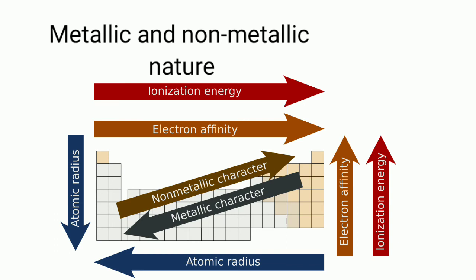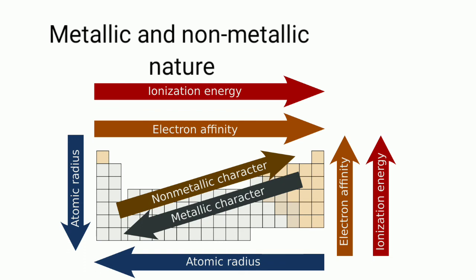So if there is less force of attraction, then we can easily remove an electron from its outermost shell. So metals have good tendency to lose electrons. As we move down the group, tendency of losing electrons will increase. So down the group, metallic character will increase.